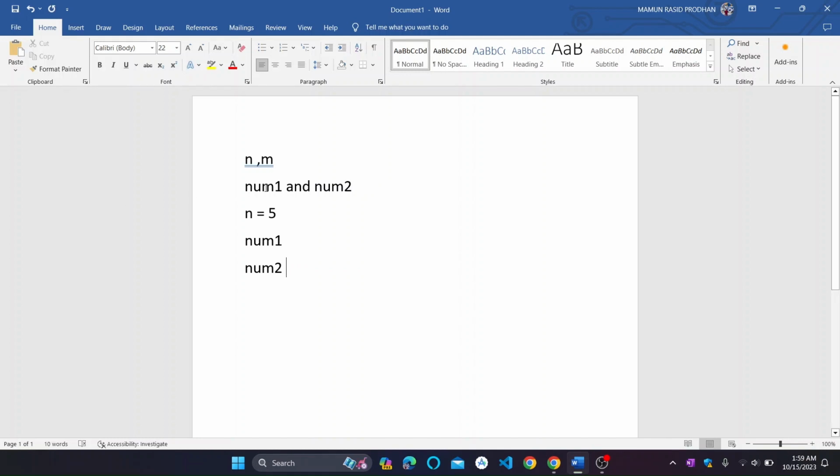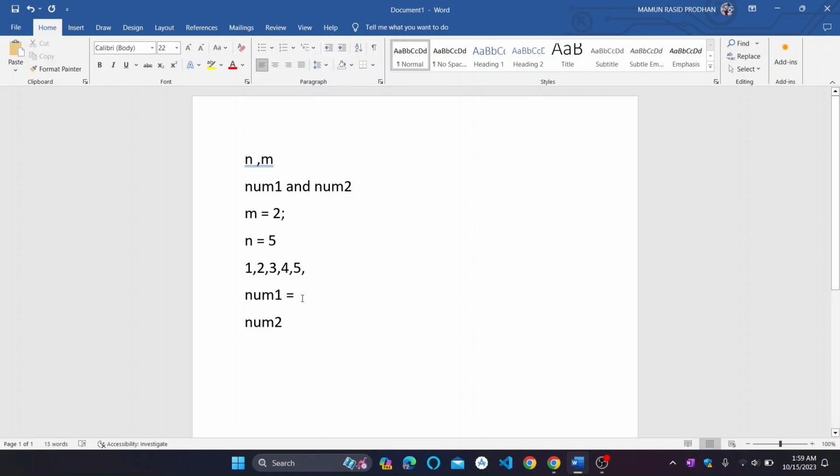Okay, let's assume n is equal to 5, then the values are 1, 2, 3, 4, 5. Here let's take m as 2.